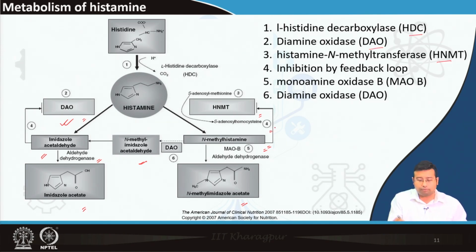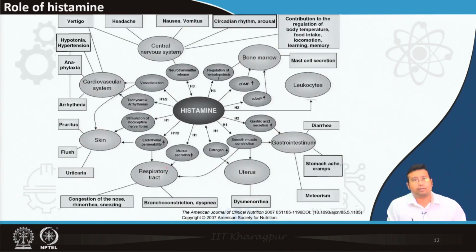The fourth is the feedback loop that is being shown, and again monoamine oxidase B, very important. MAO A was acting on catecholamines, this is the MAO B isoenzyme, and then again this reaction is catalyzed by diamine oxidase.